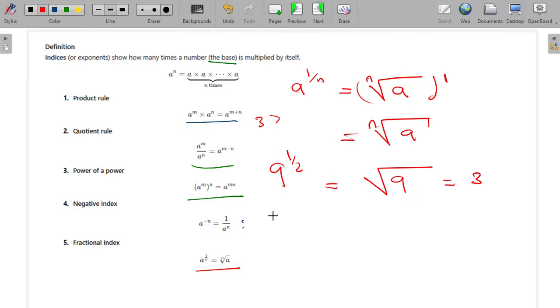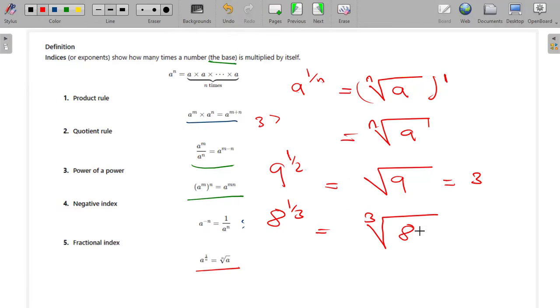So this is now going to be 3. Okay, so let's say we have 8 to the power 1 over 3. What is this going to be? This is now going to be the cube root. So here you put a 3, since it's equal to 3. We said 3 going up, that's when you indicate. So here, and then you have 8.